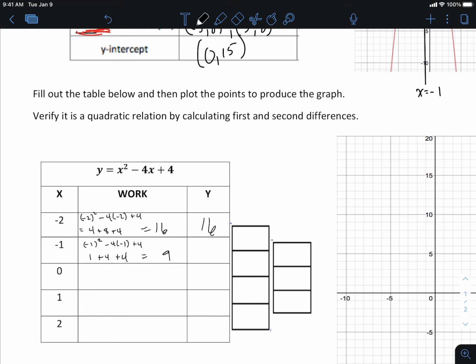That's equal to 9. Okay, next one. 0 squared minus 4 times 0 plus 4. 0 squared is 0. Negative 4 times 0 is 0 plus 4.